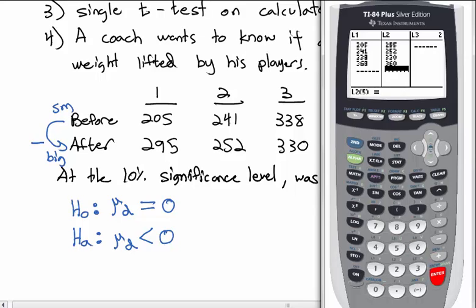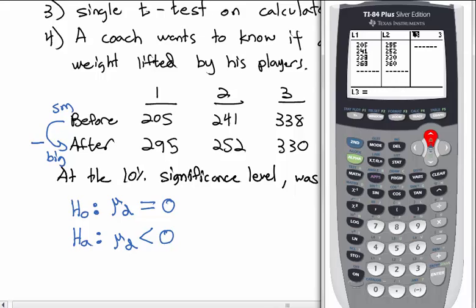What we want to test is the difference. And so the way we get the difference is we'll scroll over to L3 and actually scroll up so that L3 is highlighted. And we're going to tell it to subtract the before minus the after. L1 minus L2.